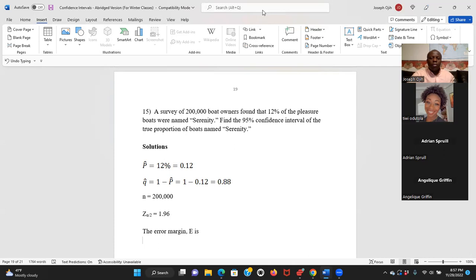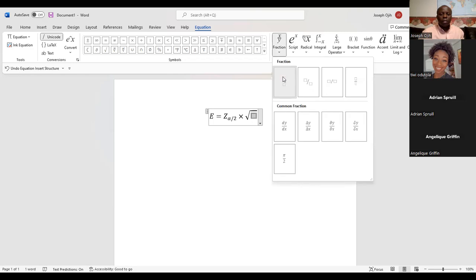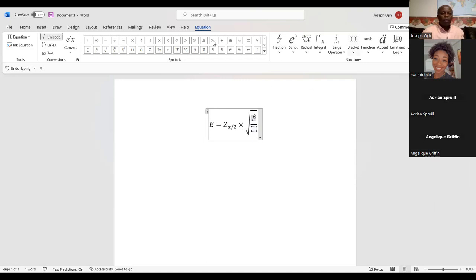The formula for estimating it: E equals Z alpha over 2 times the square root of P hat times Q hat over N.